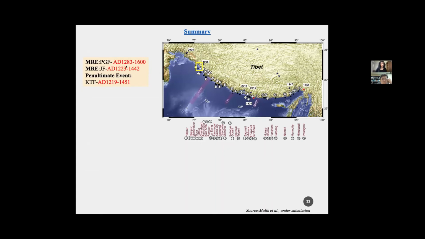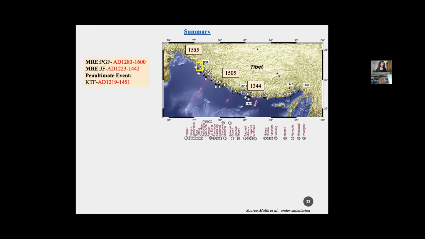Along Jhajra Fault, we suggest that most recent event occurred between 1200 AD and 1400 AD. And along Khetparali Taksal Fault, the penultimate event is between 1200 AD and 1400 AD. Almost similar age range. And we have 3 historical earthquakes which can be fit in this age range.